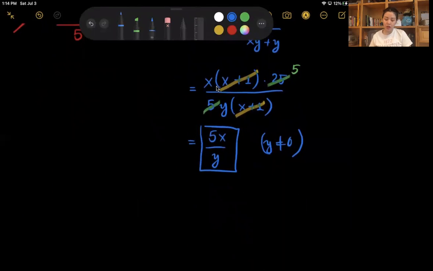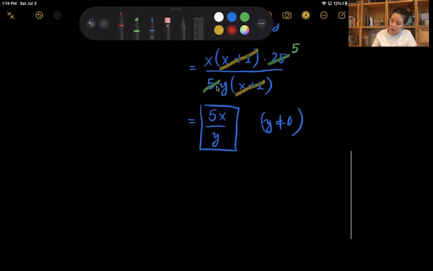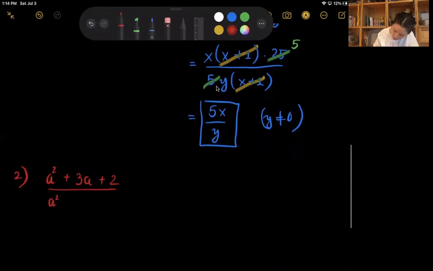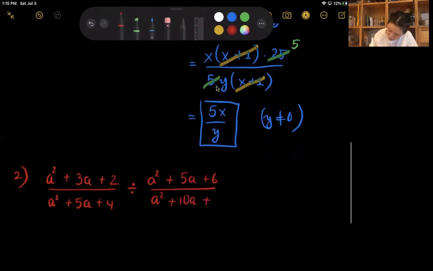Okay, so let's take a look at another example, a bit more involved, a bit more complicated. So suppose I have a squared plus 3a plus 2, all of that divided by a squared plus 5a plus 4. And I want to divide it by the following fraction, a squared plus 5a plus 6 divided by a squared plus 10a plus 24.